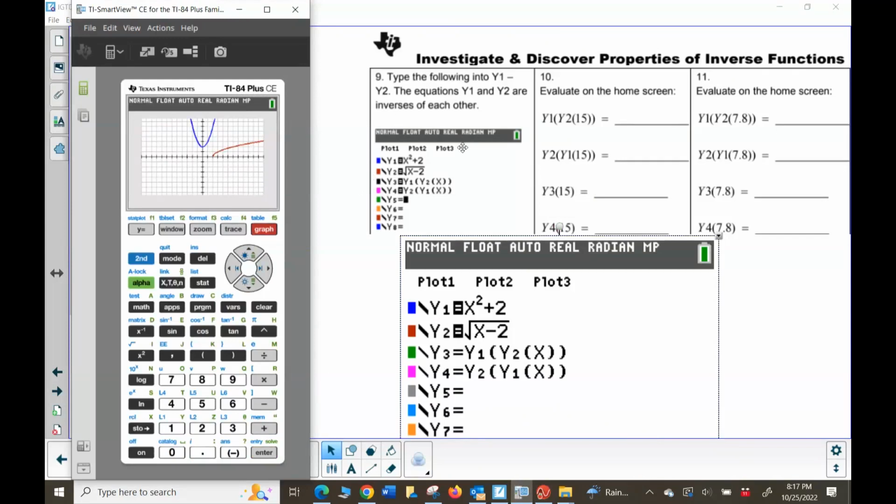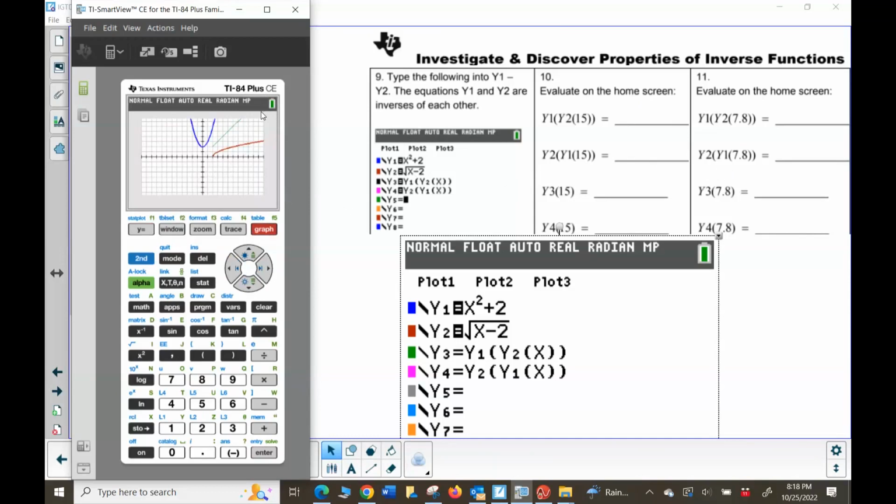And again, I could also do like I did before, y1 of y2, y2 of y1 of the same number, show the identity function, and then if I graph the composition, notice I'm only getting part of it because of the domain issue, and we can talk about this. Why is the domain of the square root of x minus 2 2 and bigger? And that's also going to be our domain of our composition.